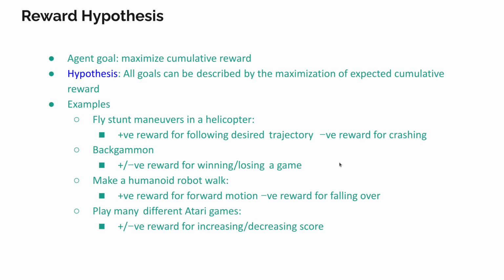If it reduced, if the difference is less than 0, then I'll say the move you have taken is good enough, so I'll give it, let's say, +1. Otherwise, if it has increased or stayed the same, I'll give it -1. I'll give it a penalty. Then the bot will automatically figure out what action it has to take.